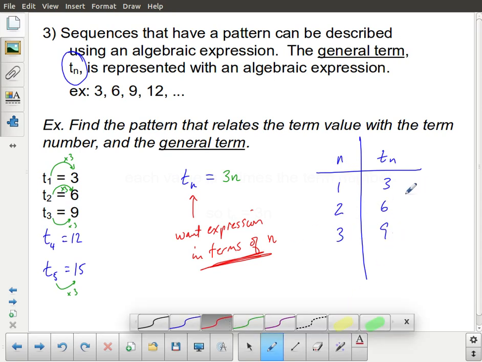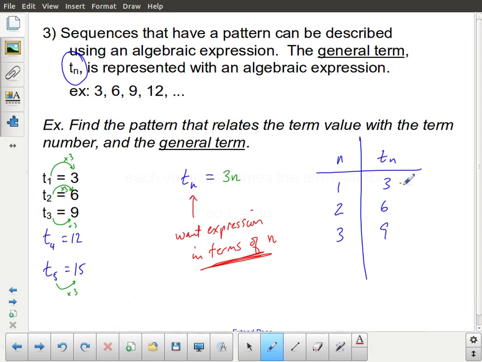It turns out that first and second differences are actually quite useful. In this case, my first difference, 6 minus 3, is 3. 9 minus 6 is 3. This first difference, which we normally label as delta y, although in this case it's delta t, quite often will have something to do with slope.